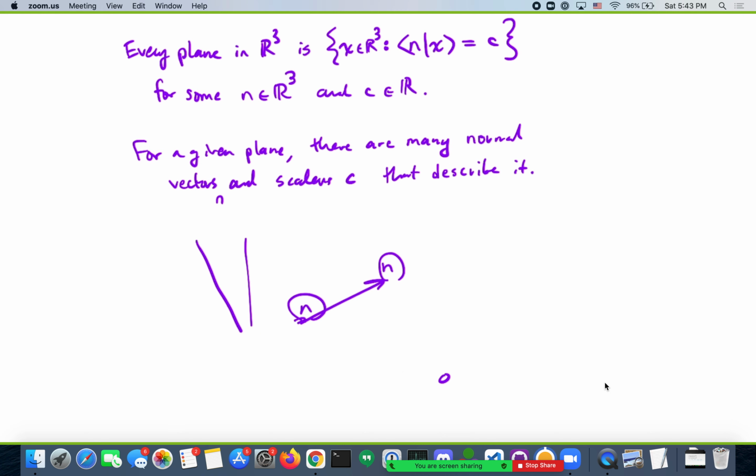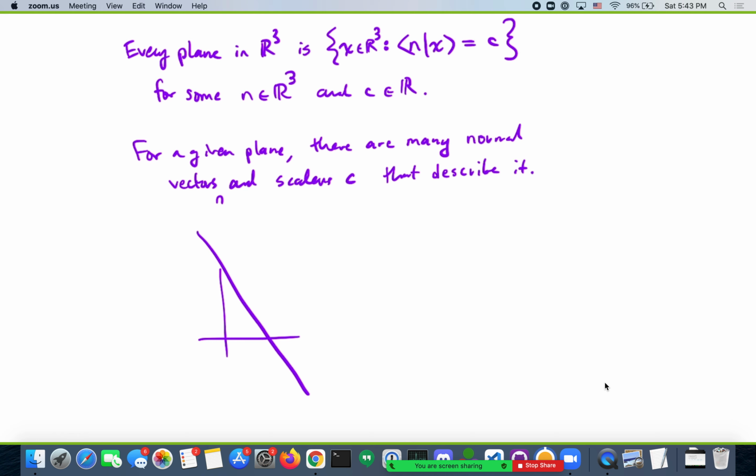Now, if we took something and shifted it off the origin, so let's take this line, this sort of an n would work. I usually draw it somewhere on the line, like I could draw it here. It doesn't matter where I draw it. In fact, I could draw it based at the origin, as long as it has a 90-degree angle to the line. And if I chose this n, then there is a specific c that will make it work.